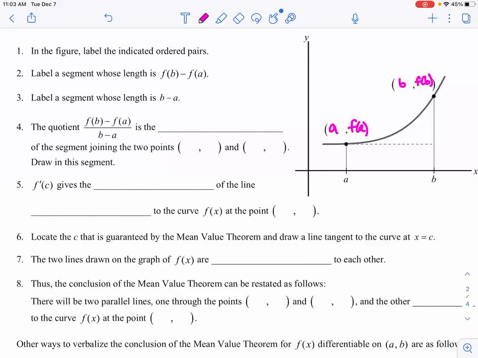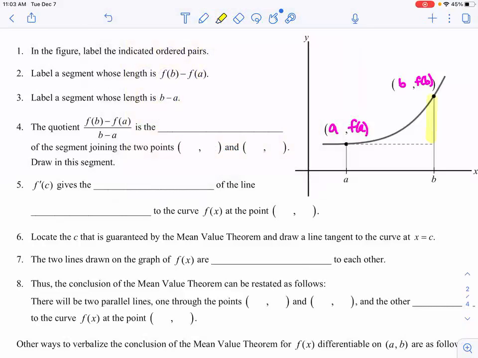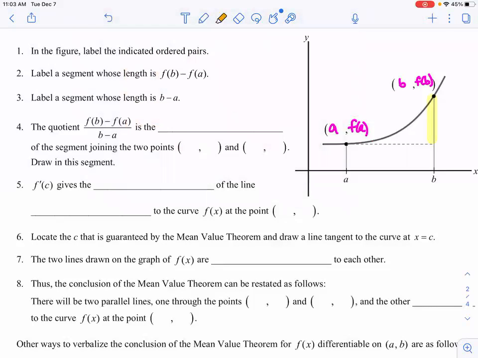Point to me which one is f of b minus f of a. This yellow is f of b minus f of a. And then in orange, which is b minus a.